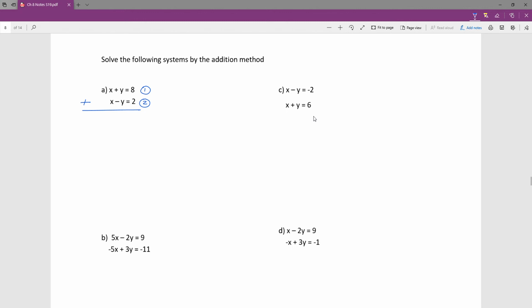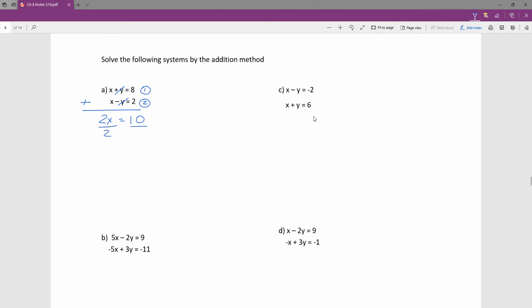I have an x and an x, so that's a 2x. Take a look at what happens to the y variable. I have a positive y and a negative y. That one disappears. And so now we have equaling 8 plus 2, 10. I've eliminated my y variable when I added these two vertically. That's what those instructions are trying to tell you.